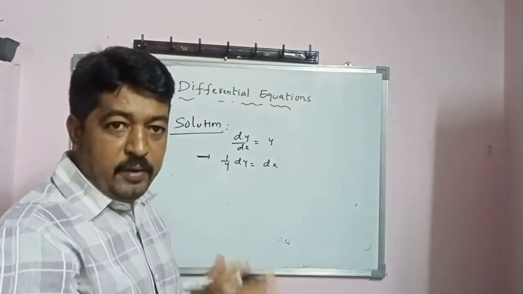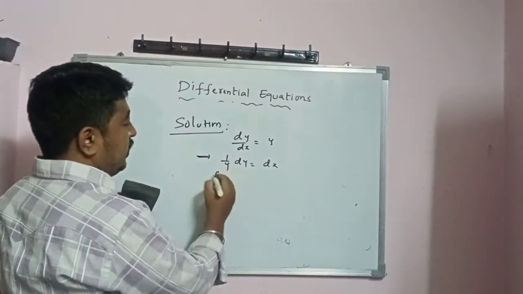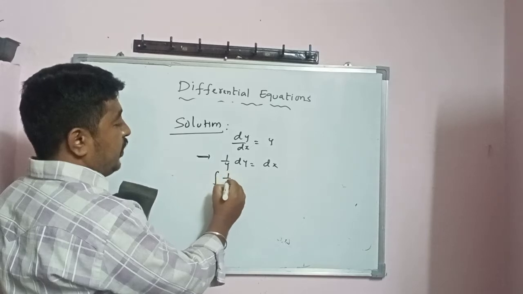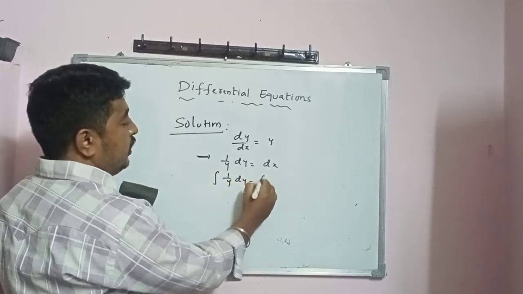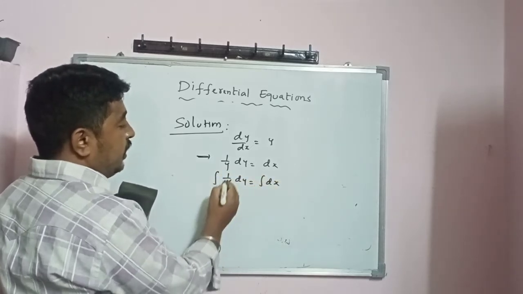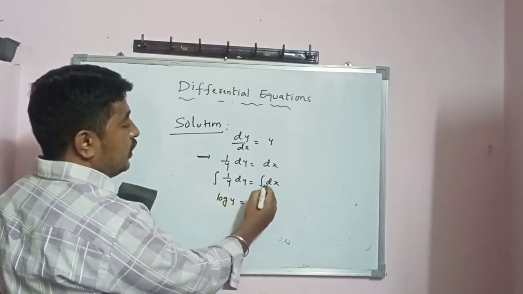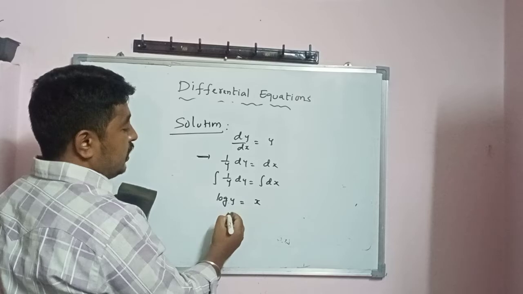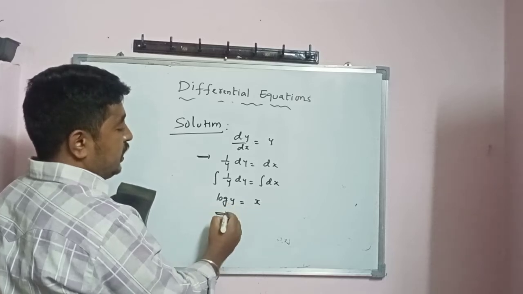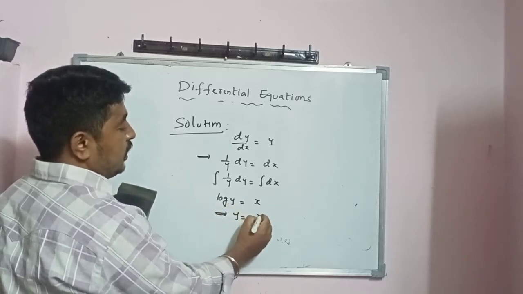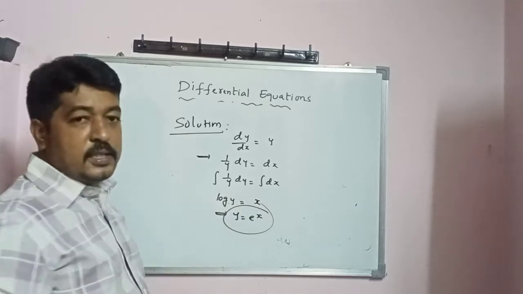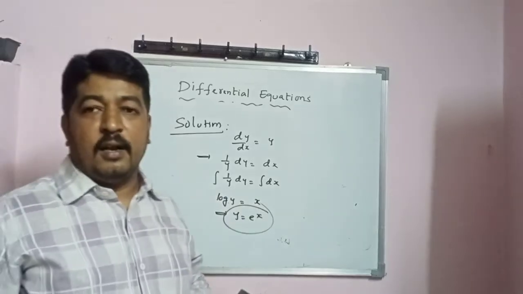Taking integration on both sides, integration of 1 by y dy is equal to integration of dx. The integral of 1 by y is log y. Log y is equal to the integral of dx, which is x. So taking the exponential, y is equal to e to the power x. This is called a solution.